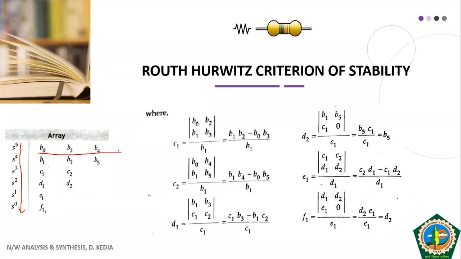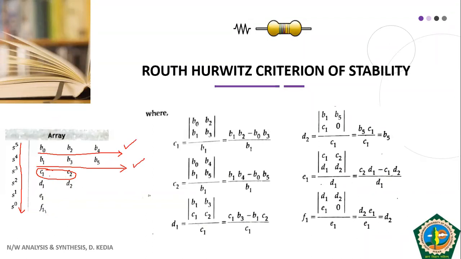We have written the coefficients in the first two rows. In the first row, we wrote even numbered coefficients, and in the second row, we wrote the odd numbered coefficients. Now these values, your C1, C2, then D1, D2, E1, F1, we have to calculate from these two rows.